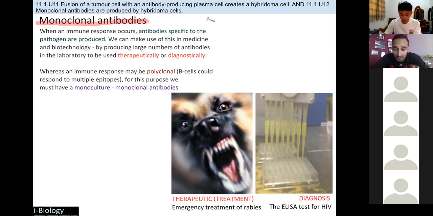So this term is gonna come up. I would say your main goal is to be able to essentially answer a 10-point story of how you can produce monoclonal antibodies. So if you keep that in the forefront of your mind, that's really the point.